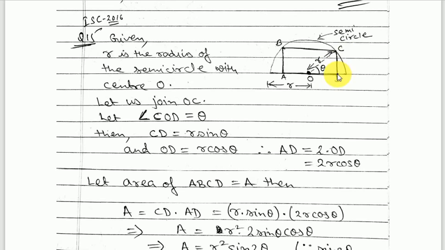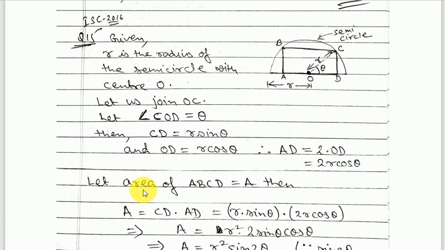CD is actually the breadth and the length is actually AD, but here we have found OD only. So AD will be 2 times OD, that means 2r cos theta.